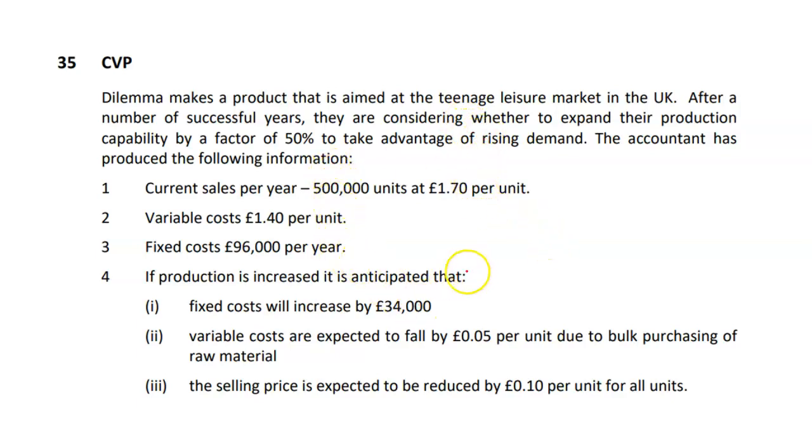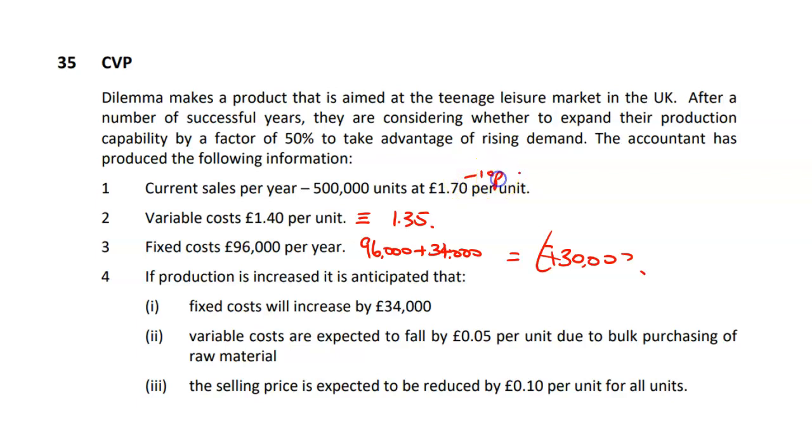So the question is telling us that if you go ahead with this increase, your fixed cost will increase by 34,000. So we're just going to work out what the new figures are. This takes us to 130,000, doesn't it? It says the variable cost will fall by 5p. So the new figure becomes £1.35, and the selling price will reduce by 10p.